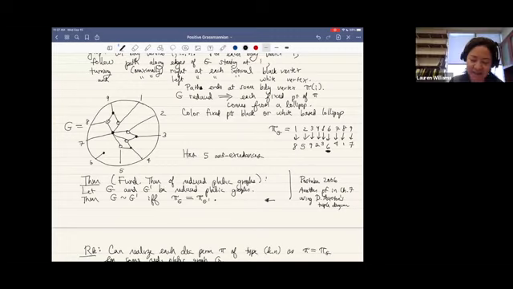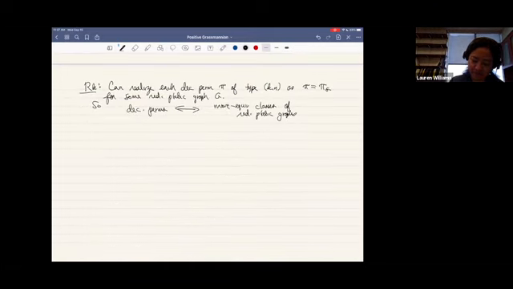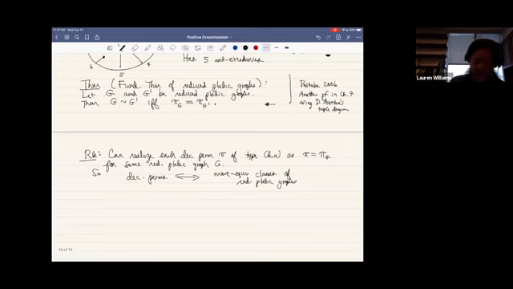Okay, so now I just want to say a word about cluster structures on the Grassmannian, because they're closely related to this combinatorics.